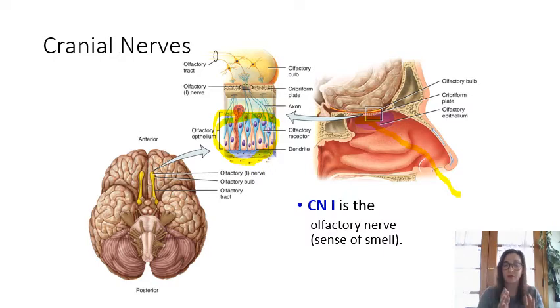The particles that you inhaled are going to trigger an action potential in those olfactory neurons, and that action potential is going to get sent up to this olfactory bulb. The olfactory bulb, I'll highlight it over here as well, is attached to the olfactory tract. So here's the olfactory tract, which goes directly to the brain. So your olfactory nerve, cranial nerve number 1, is responsible for your sense of smell.